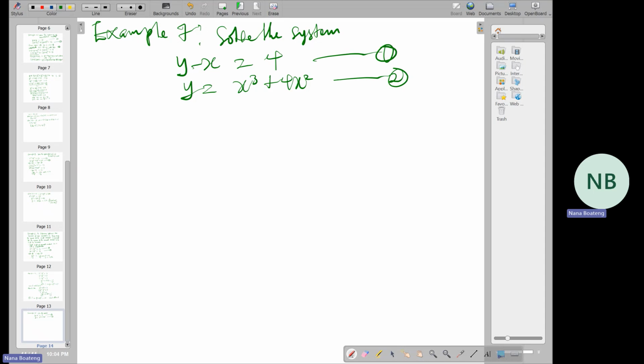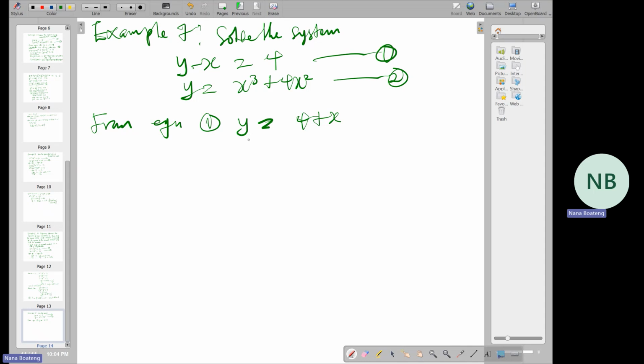Okay, so from equation 1, we can write it as y is equal to 4 plus x. And from equation 2, it's also giving us y is equal to x cubed plus 4x squared.